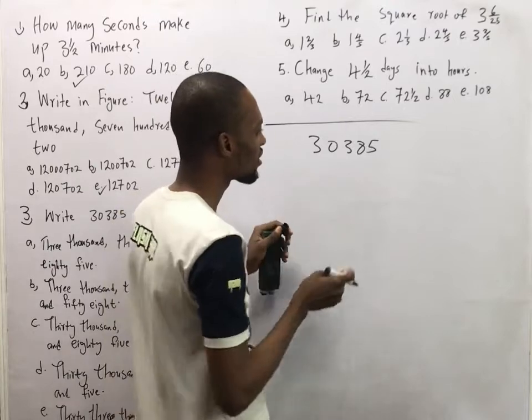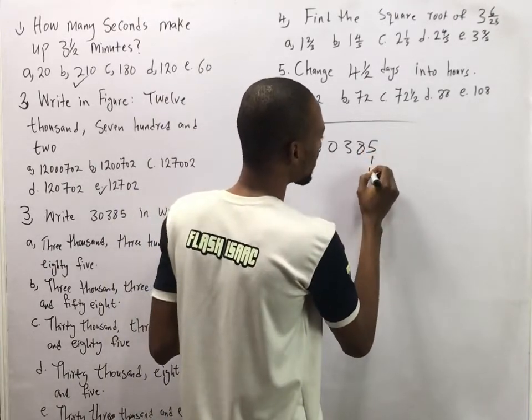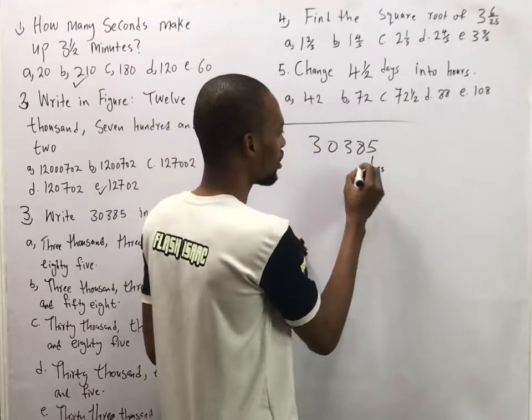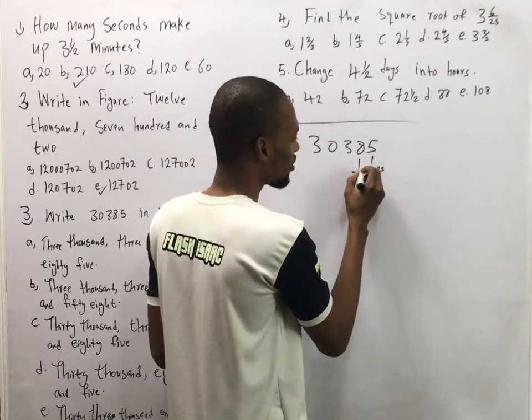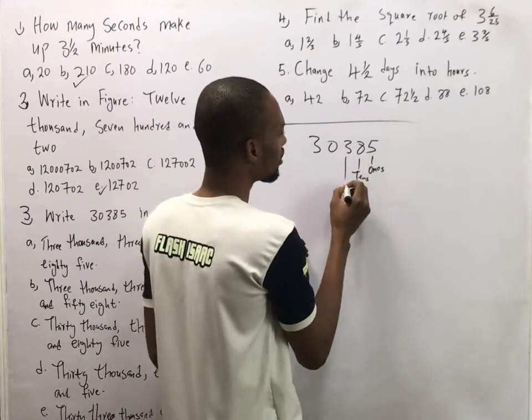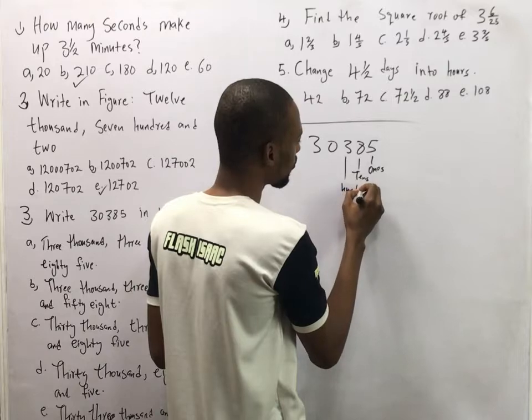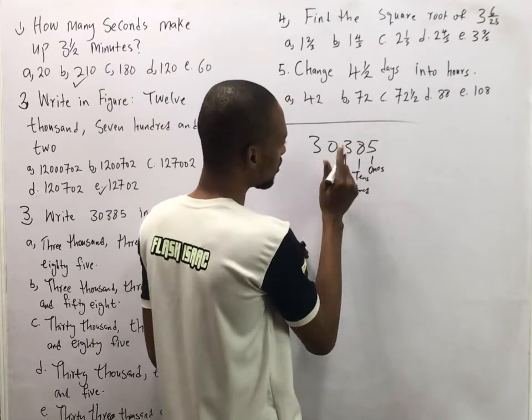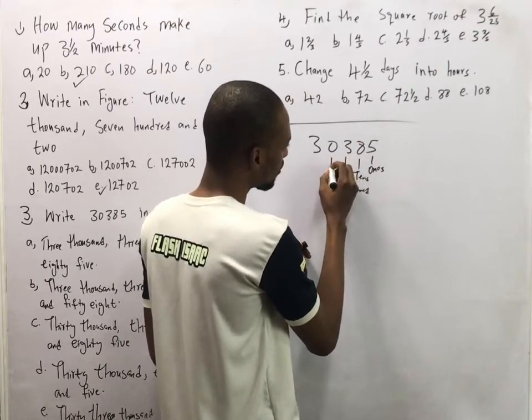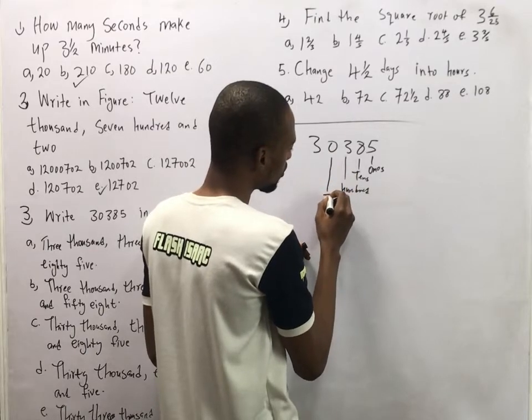When you come, you look at it. This is ones, like I told you. This is tens, right? This is 100. This is 1000.